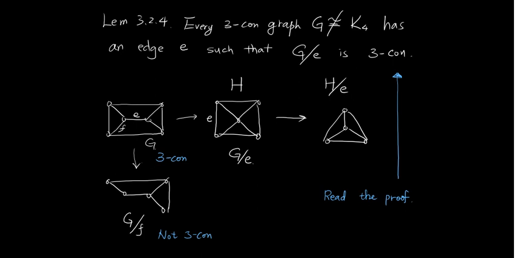So get the meaning? G is 3-connected, then the contraction is 3-connected. But now the contraction is 3-connected. Does that mean that G itself is 3-connected? So here is a question. If G/E is 3-connected, is G itself 3-connected?